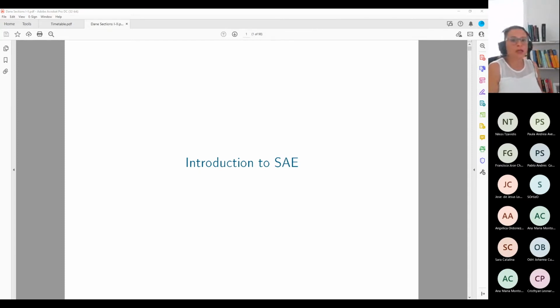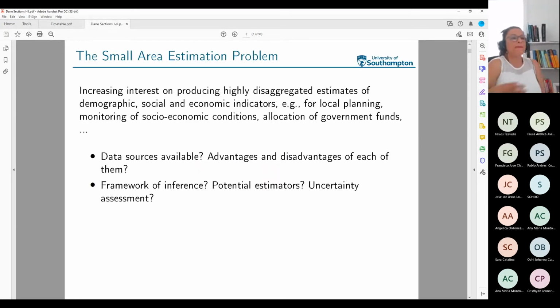Okay. So let me start by introducing you to the problem of small area estimation. This is a classic problem. Everybody now is very interested in producing highly disaggregated estimates for many types of phenomena. We are in a situation where politicians and everybody else want to make decisions at local levels, and in order to formulate policy and make decisions at local levels, for policy planning, for monitoring of socioeconomic conditions, for allocation of government funds, we need local information.